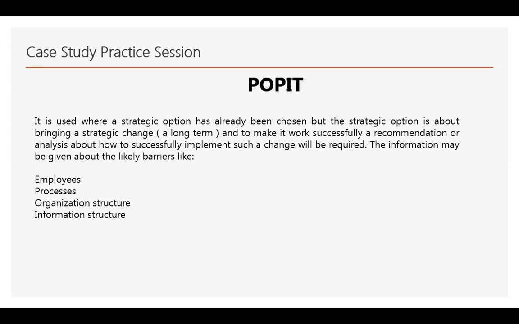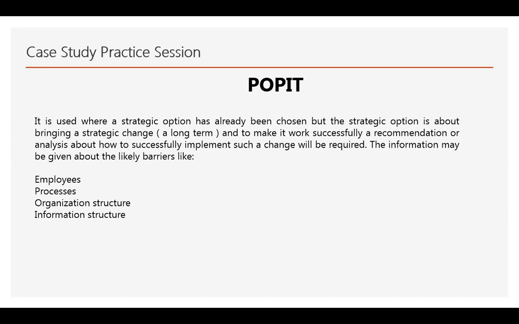So it's basically the change management area of the SBL, where you have to come up with a solution and tell them how to implement it successfully. Or you may have to analyze the problems that the organization may face applying this strategic change.